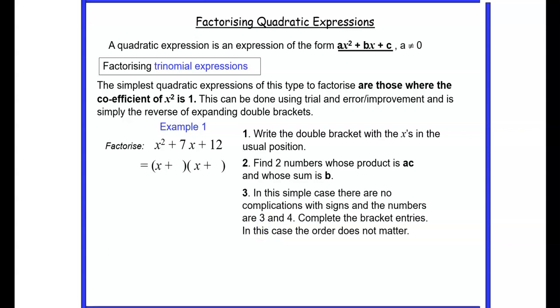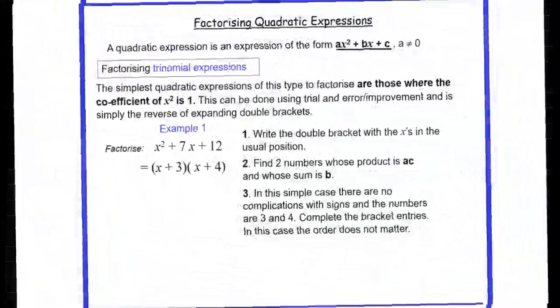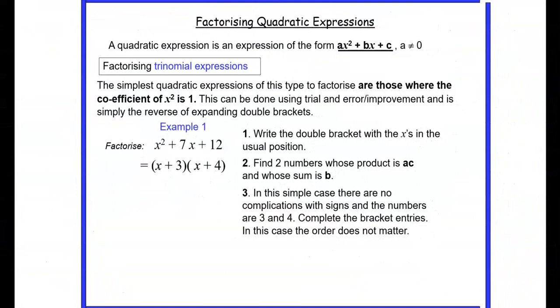Some of them are plain and simple, but some of them you have to play around with the options. So 3 times 4 is 12, 3 plus 4 is 7. So you just put 3 in one bracket and 4 in the next bracket, and you would have factorized that quadratic expression.